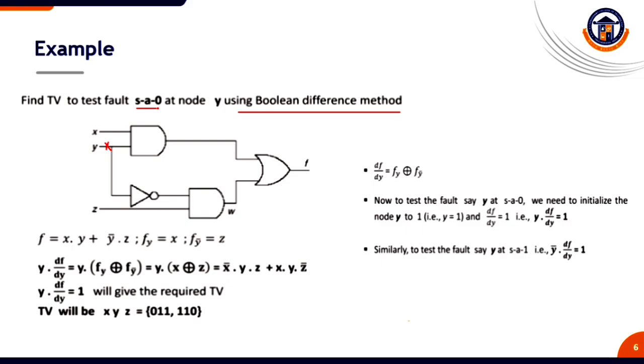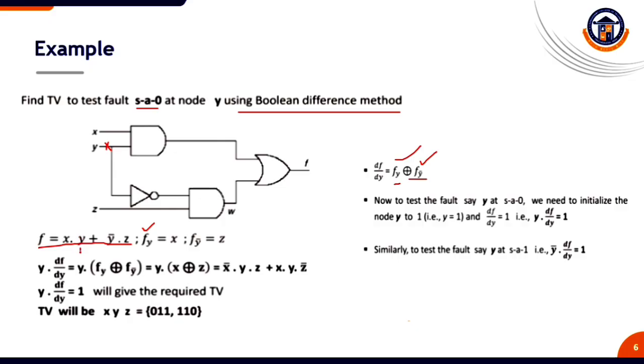So what is the Boolean difference expression? f of y XOR f of y bar. First we need to find the fy expression, then the fy bar expression from our given main expression, f equal to x dot y plus y bar z. From this, first we find f of y. We substitute y value equal to 1 in this expression.